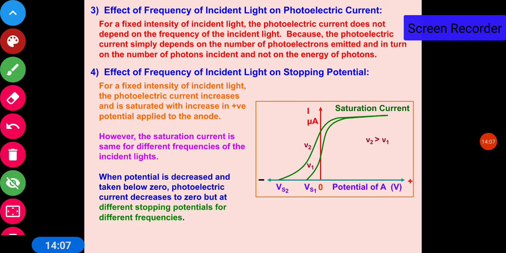So it is observed that if the intensity is increased, then the saturation current is increased, but for the same intensity, if frequency is increased, then the stopping potential increases. Higher the frequency, higher the stopping potential.